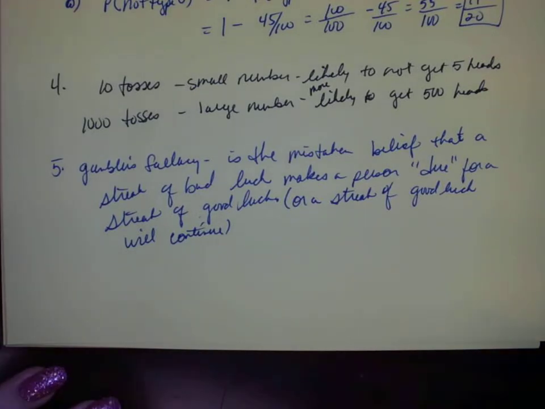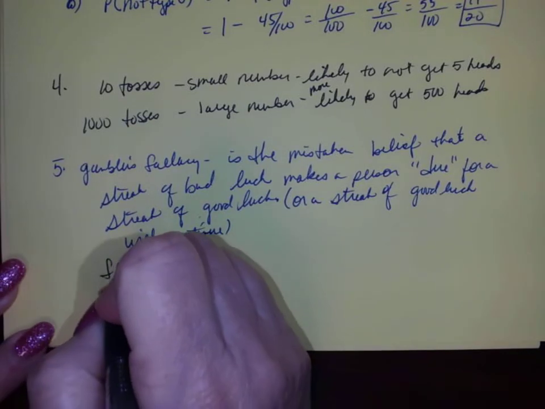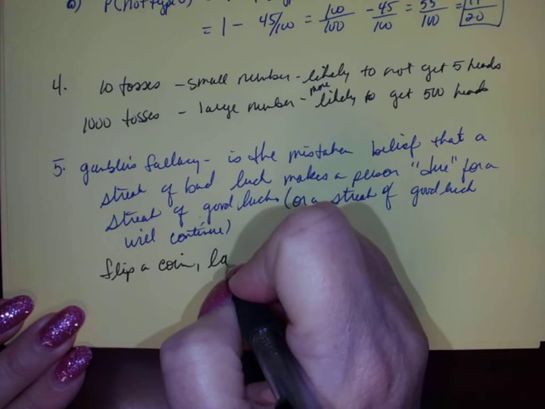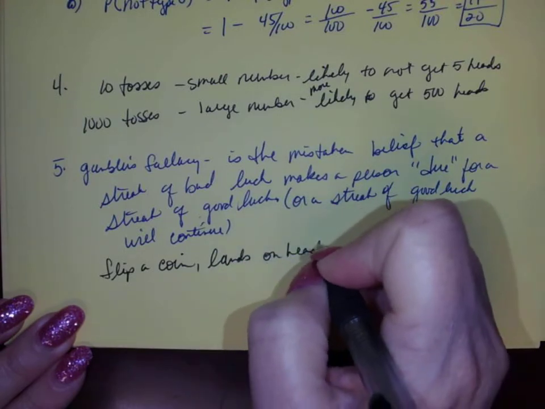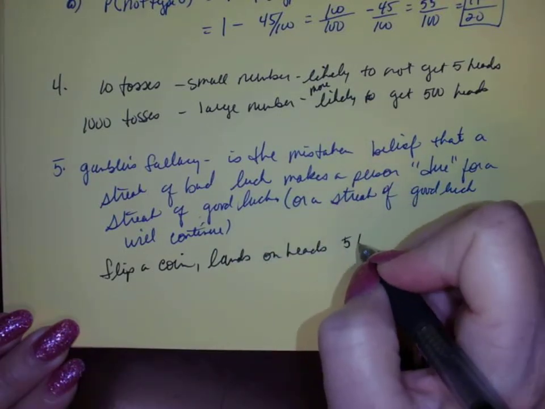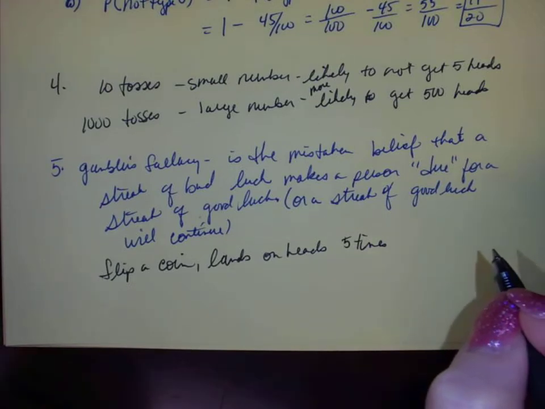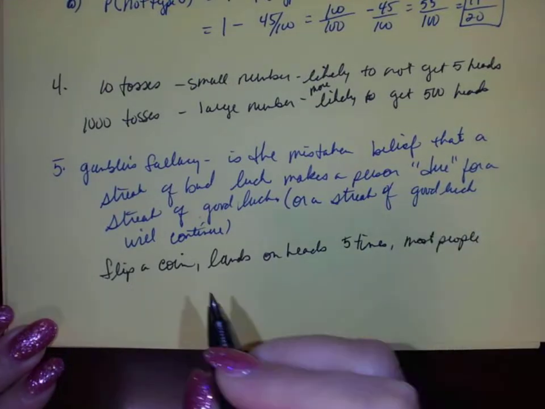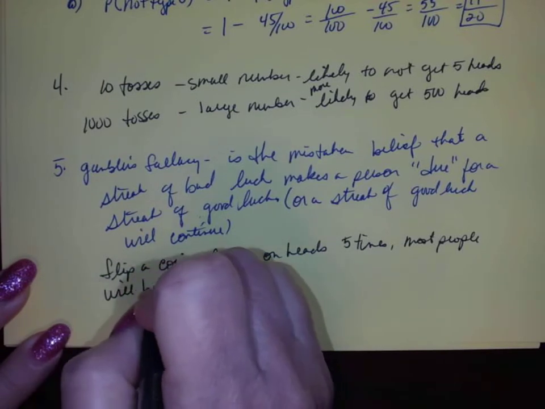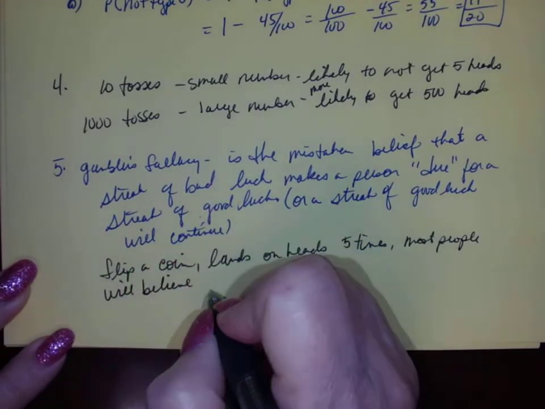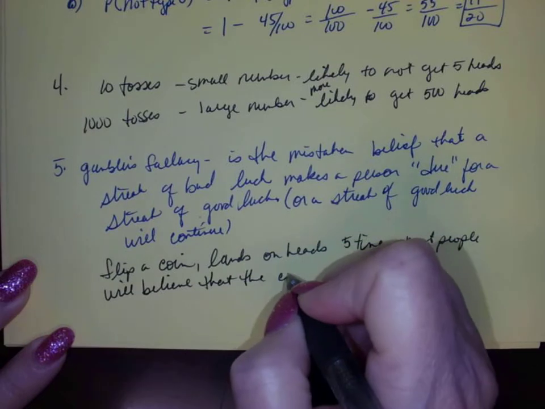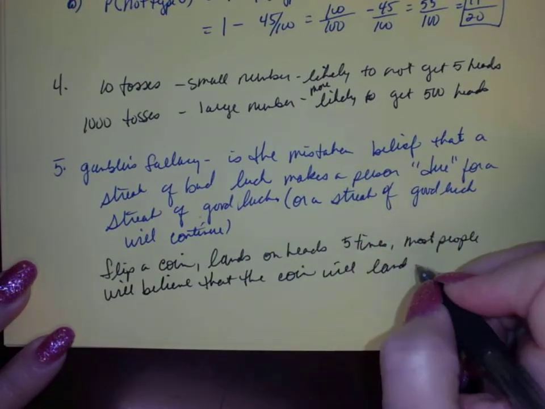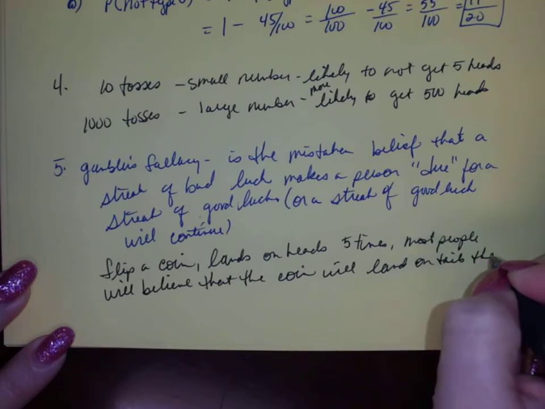But let's say we flip a coin and it lands on heads 5 times, most people will believe that the coin will land on tails the next time.